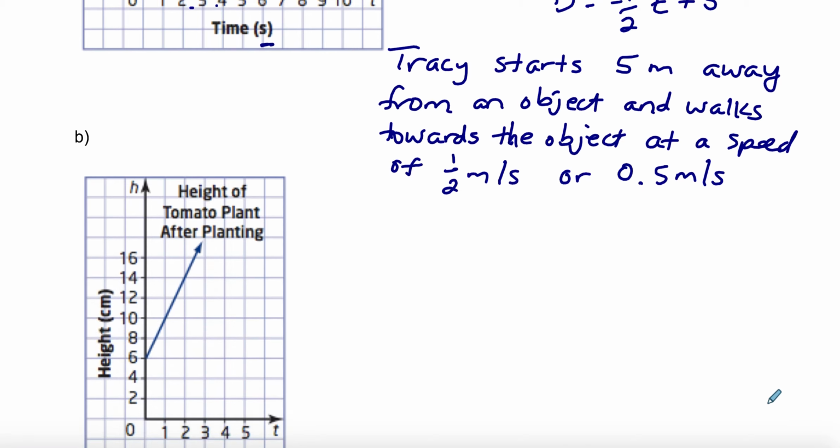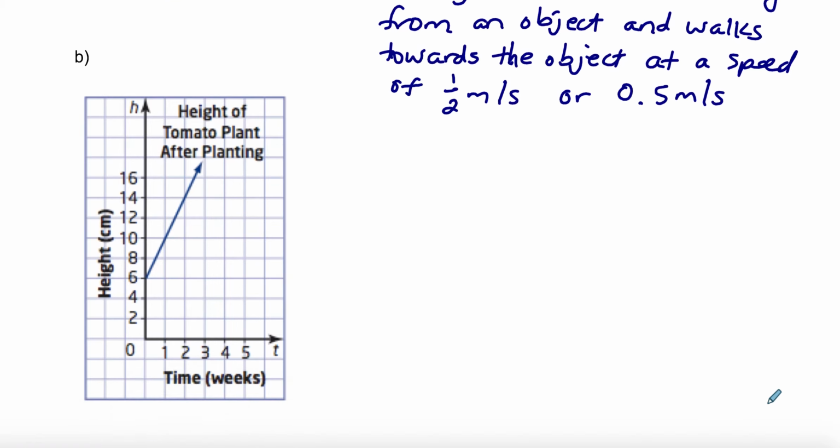The second one, if we look at this height of a tomato plant, so we have a line on a graph and we have a y-intercept at 6. So we're going to look at our slope and our y-intercept, and the y-intercept is 6. If we do rise over run, we're looking for clear points. There's some clear points. If I just did rise over run right here, this is where you have to be careful.